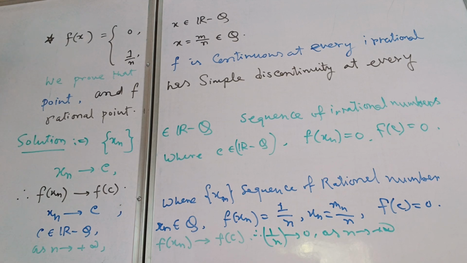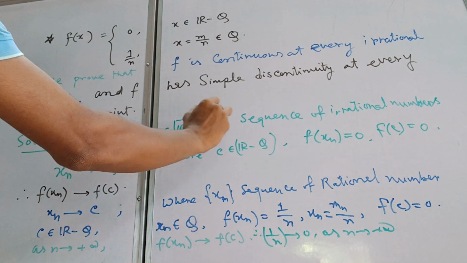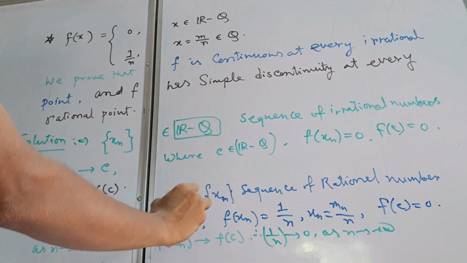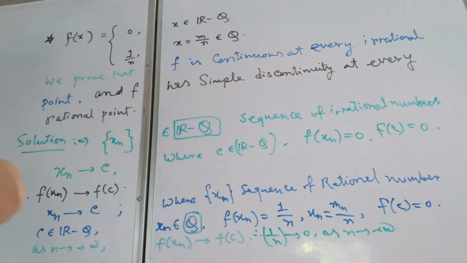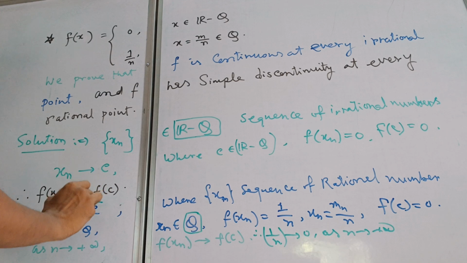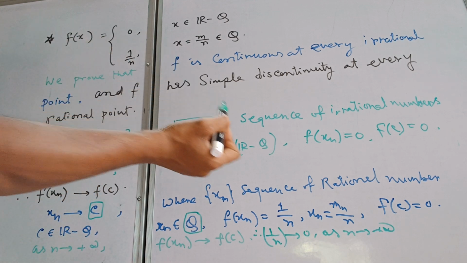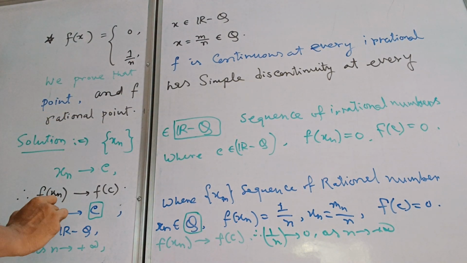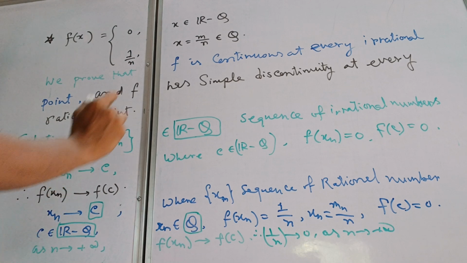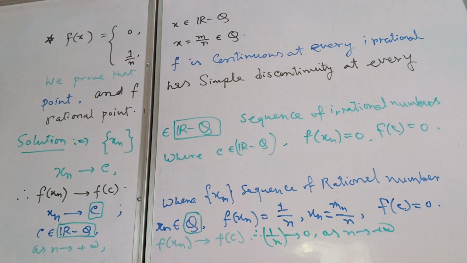In this way we see that any sequence taken from irrational or any sequence taken from rational converges to any irrational point c, where c belongs to R minus Q. That means any sequence of real numbers converging to one irrational point, then f of xn converges to f of c.